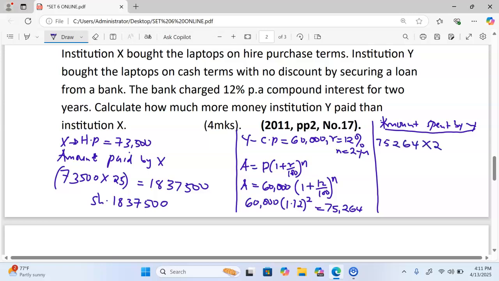We multiply by the total number of laptops, which is 25, and this gives us an amount equivalent to 1,881,600.